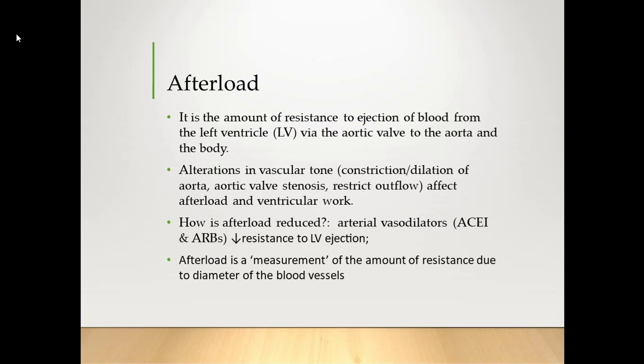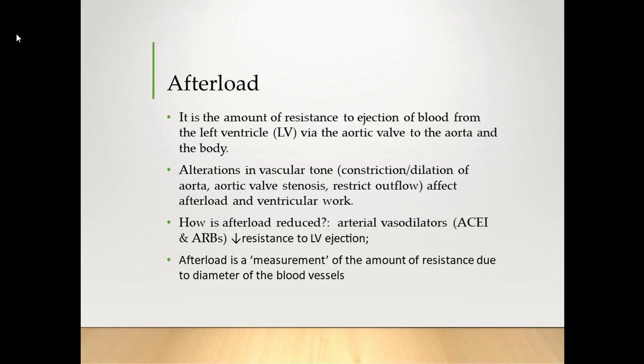Afterload is the amount of resistance to that ejection of the blood from the aortic valve into the aorta and out to the body. Different things might affect it, like vascular tone of the aorta, the aortic valve, if there's any stenosis, if there's any restrictions to the outflow.